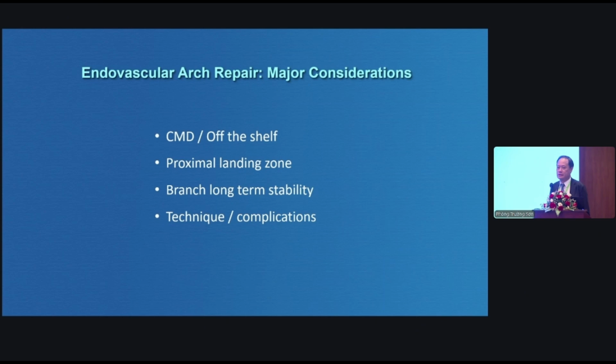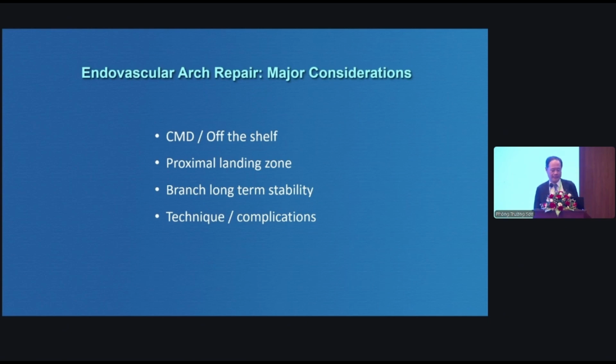So the major consideration for landing in the arch would be, firstly, of course, is this an emergency? Because if it is an emergency, you have to do some off-the-shelf devices, or you have to improvise to do it early. Otherwise, you have the luxury of getting a custom-made device at the wait of about 4 to 6 weeks. Like I said, you have to choose a good proximal landing zone.